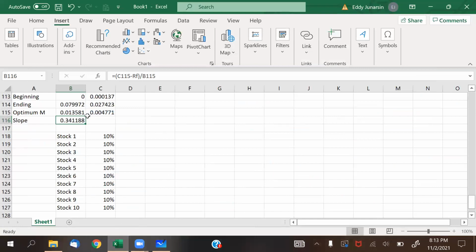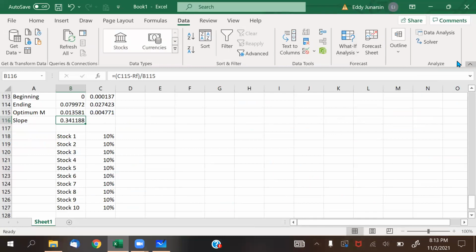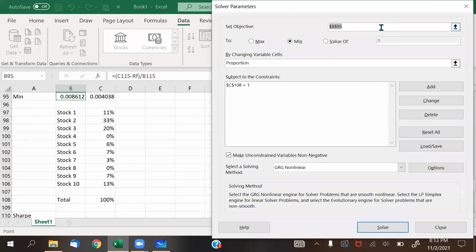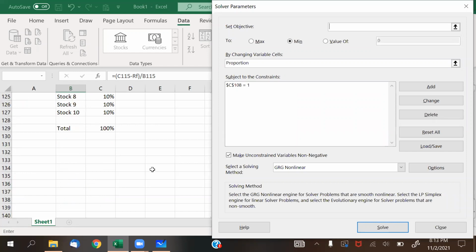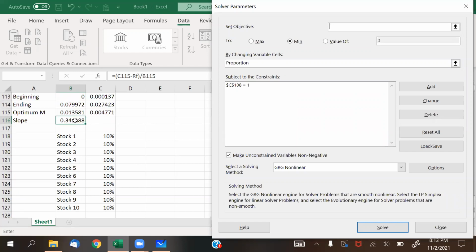Okay, so I do the solver. So what is the objective now? The objective would be B116, yeah, that's correct. Now it's not minimization but maximization.